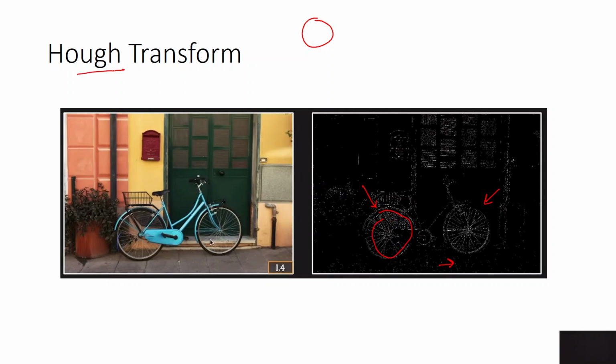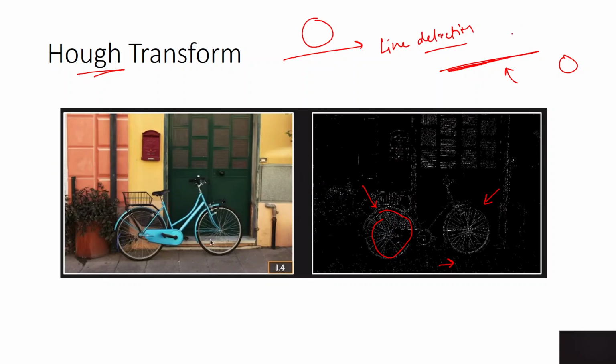So Hough transform solves that problem. Basically the fundamental Hough transform is for line detection. Okay, so if there is a line, Hough transform is used to detect this line. Now the variation of Hough transform is also used to detect circles and all other basic shapes.